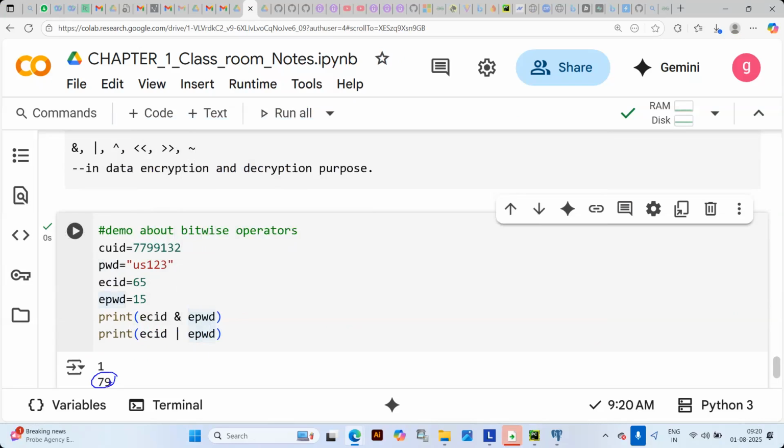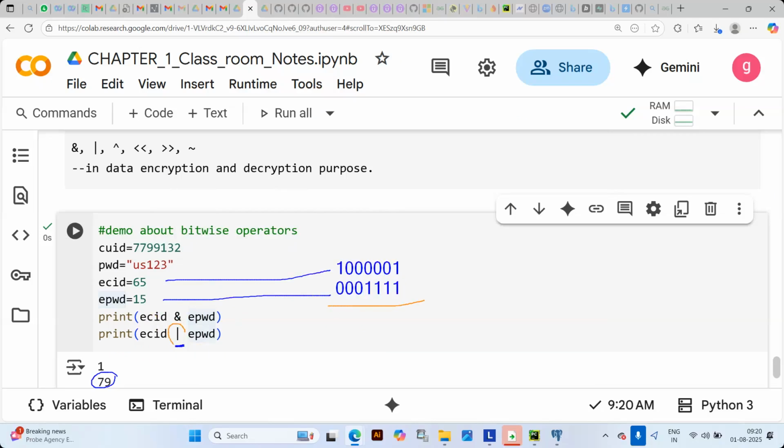This is the value, in binary form, that will go through the network if you perform the bitwise OR operator. How is it performed? Similarly, at the binary bit level, which is 1000001 and 0001111.